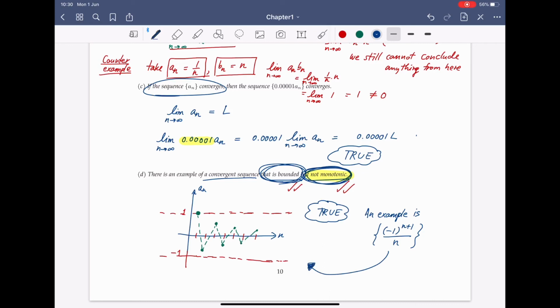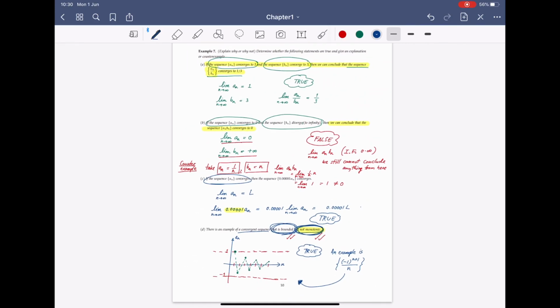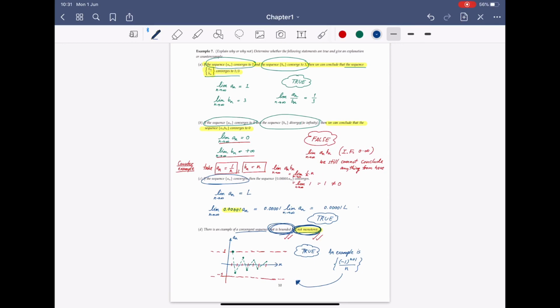This is an example of a convergent sequence, because you can see from the picture that it goes to 0 when n goes to infinity, and it is also bounded and not monotonic. So example 7 here is a conceptual question. This is a hard question.